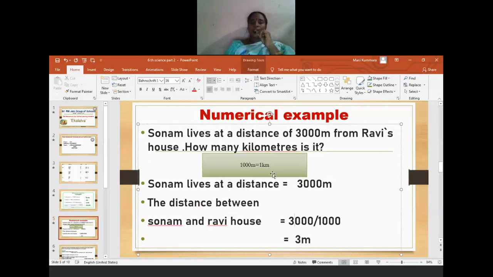So 3000 meter divided by 1000, the zeros get cancelled and you will get 3. So what is the answer? The distance between Sonam and Ravi's house is equal to 3 kilometer. Are you clear, children? Let us see one more sum.